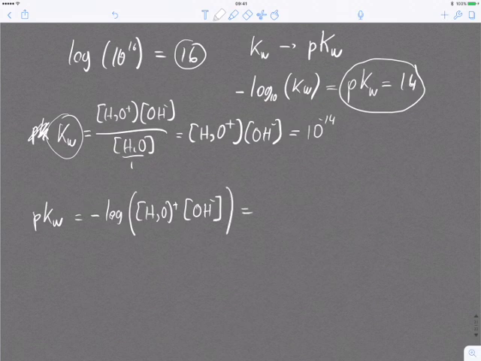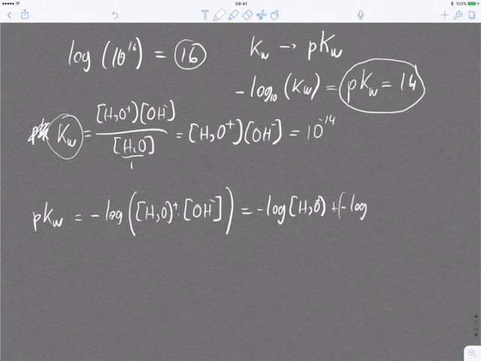And you know that by the log rules, this is a multiplication, log of A times B equals log of A plus log of B. So minus log of H3O plus, minus log of the OH.